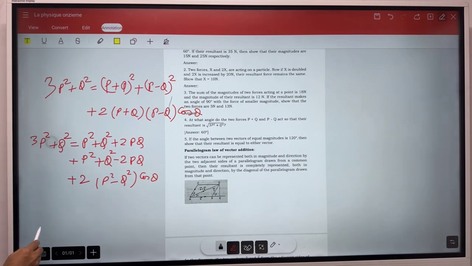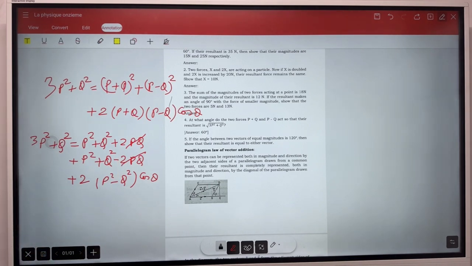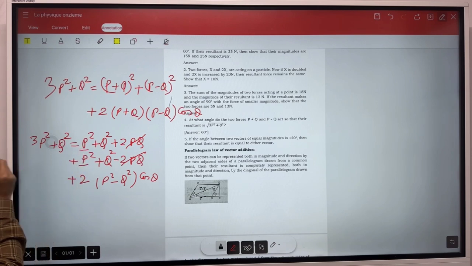Now here 2PQ will cancel out. This P square will become 2P square. This Q square will become 2Q square. So we can take this 2P square to the LHS, and 2Q square to the LHS.